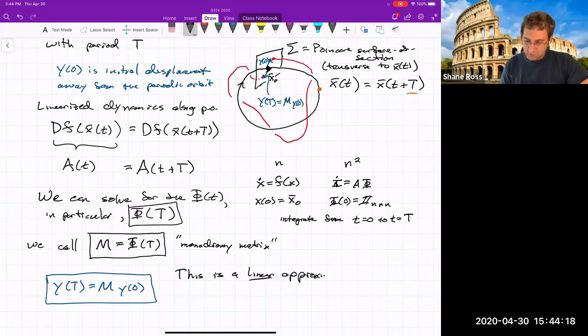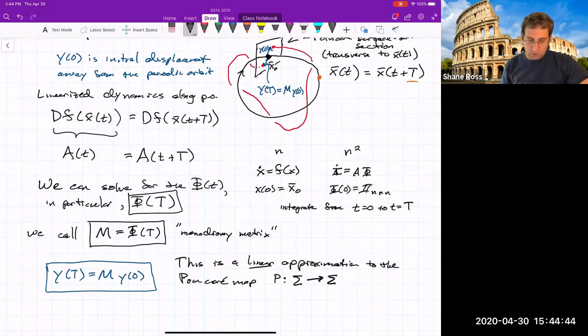Right? In general, Poincaré maps aren't linear. They're just kind of following trajectories around. They're very nonlinear. This is a linear approximation to the Poincaré map, right? That's the map that takes points on this Poincaré section and maps them. How do they return to this Poincaré section?